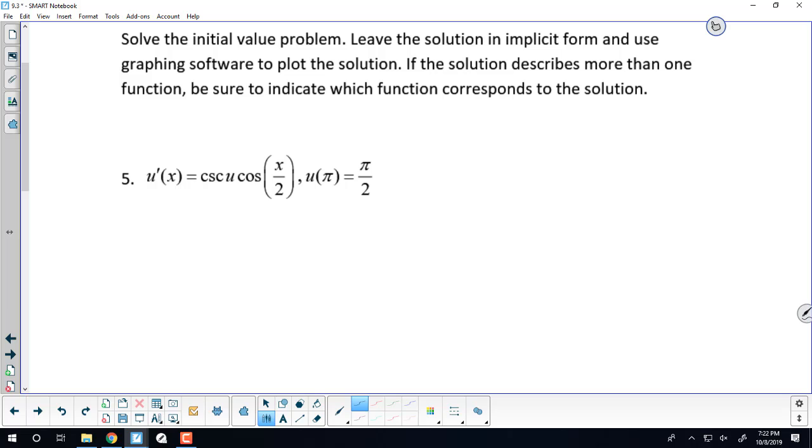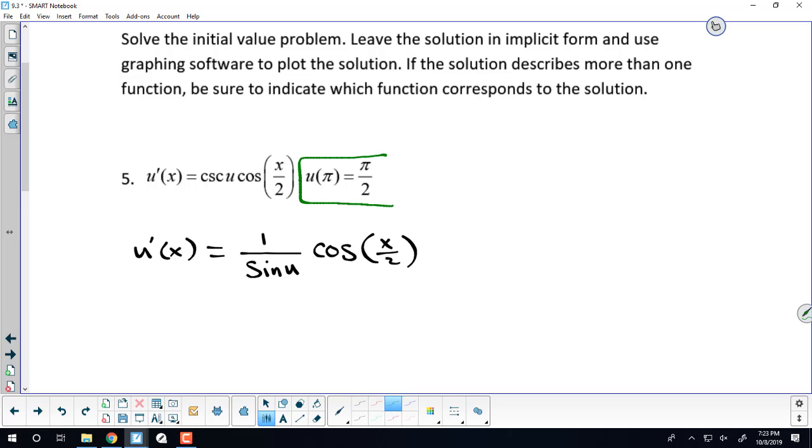But to see how that comes about, notice in our original differential equation here, we're going to write it as u prime equals 1 over sine u times cosine of x over 2. So our independent variable is x. The function is u.